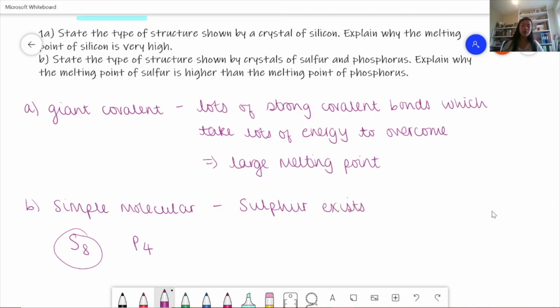So we have that sulfur exists as 8 atoms in a molecule, whereas phosphorus is 4.